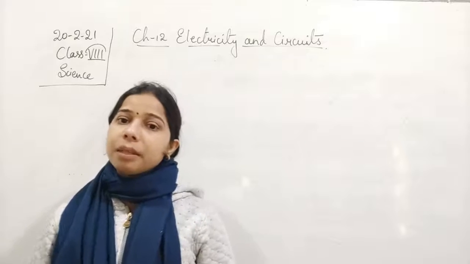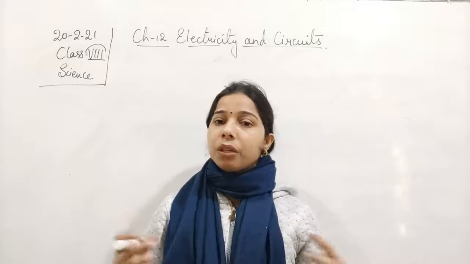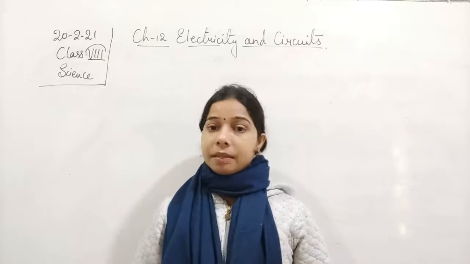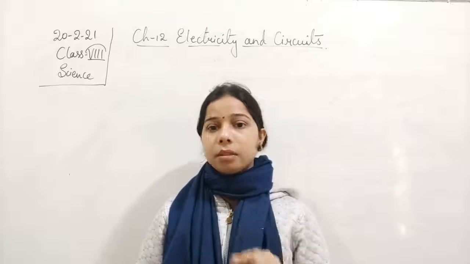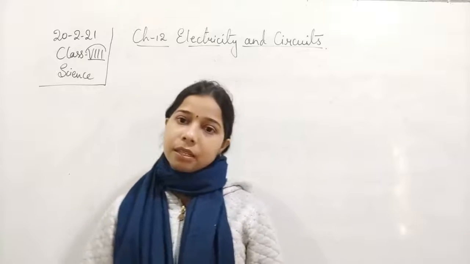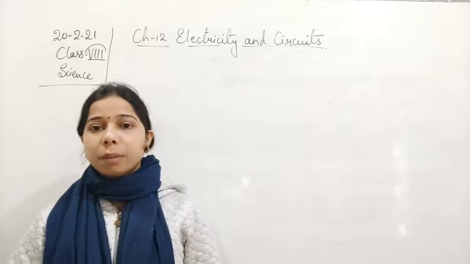Now the torch bulb also consists of a metal case, and here the two terminals are also there. In the case of the cell we have seen there are two terminals, one positive and another negative. The same thing applies in the torch bulb also.